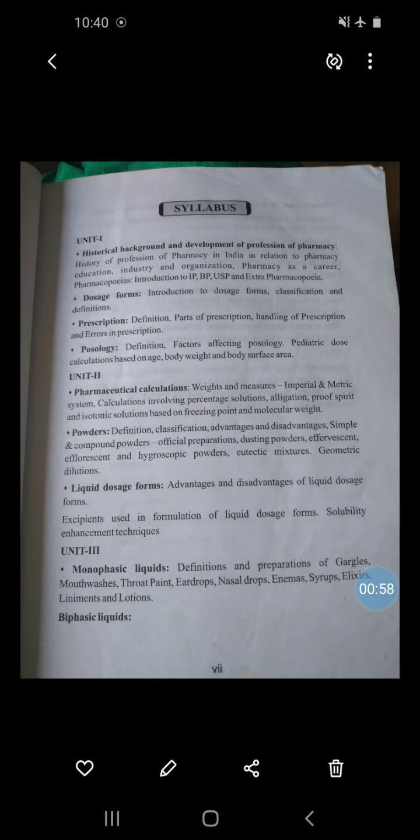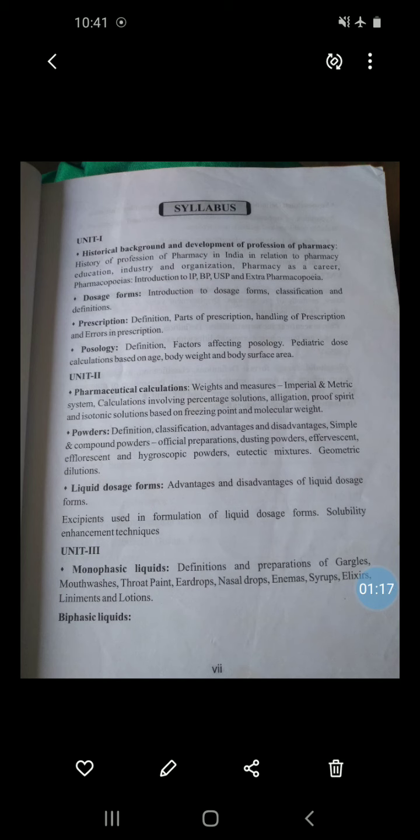Then 10 marks for your sessional examination. That is the internal assessment, total 15 marks, and your end semester examination is of 35 marks, so in total 50 marks.